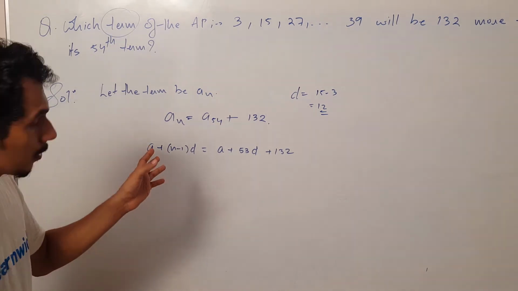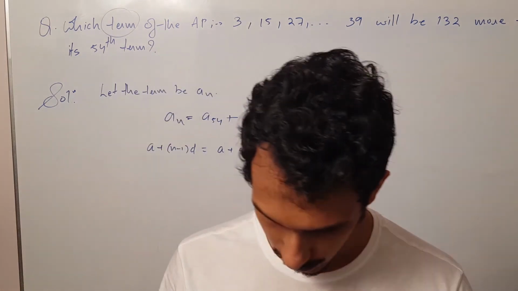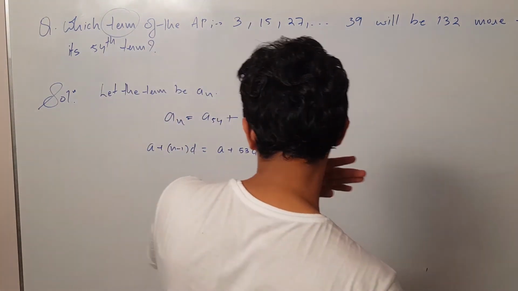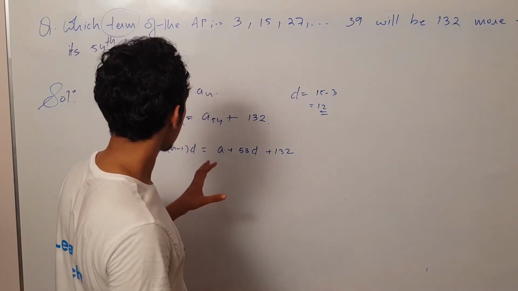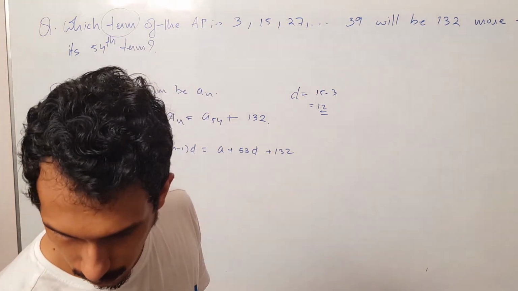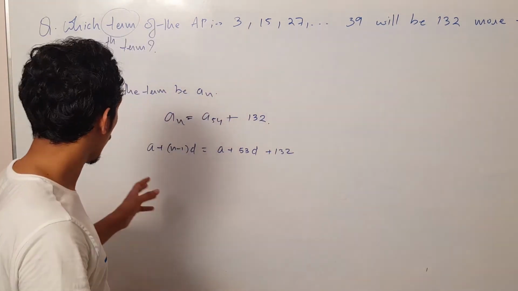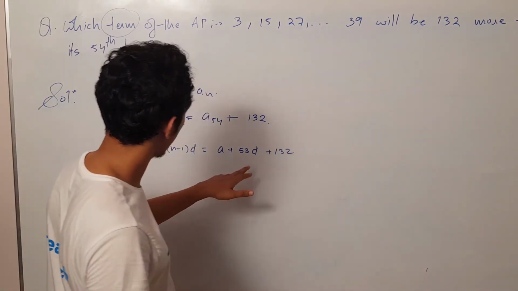Understood, no? So in this equation, what all do we have? We have a, and we do not have d.